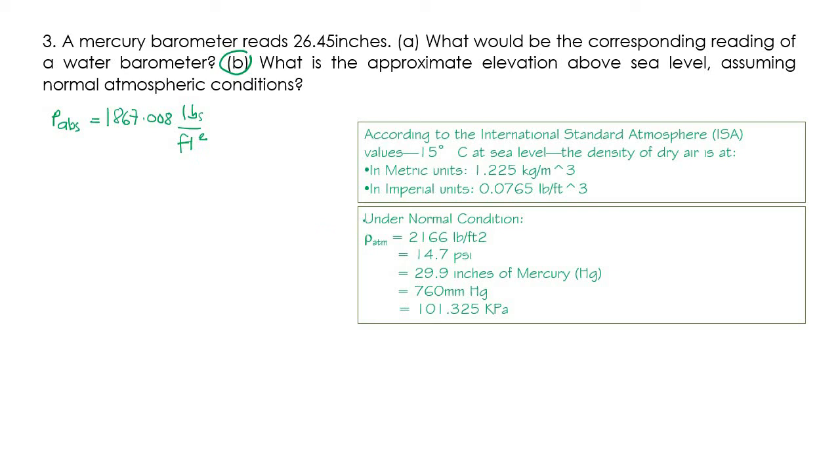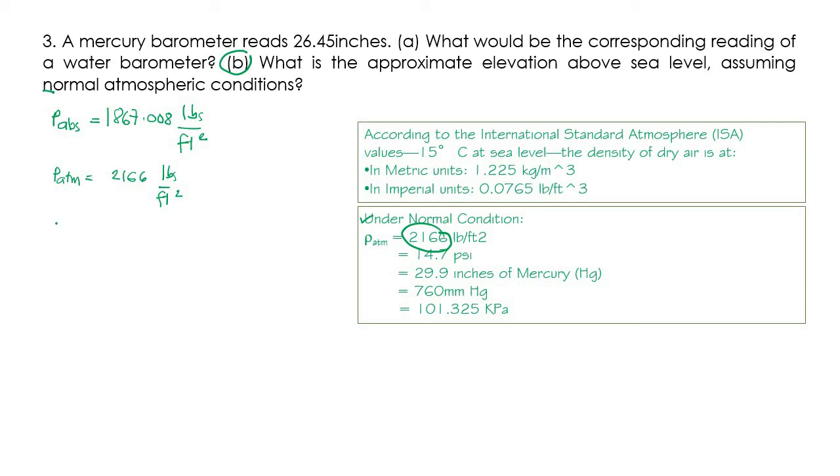Since the problem says under normal condition, we have a constant value for atmospheric pressure under normal condition. That is equivalent to 2166 pounds per feet squared.